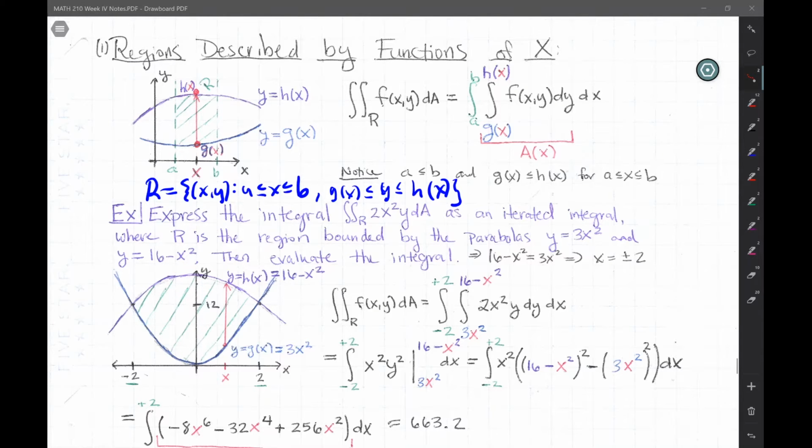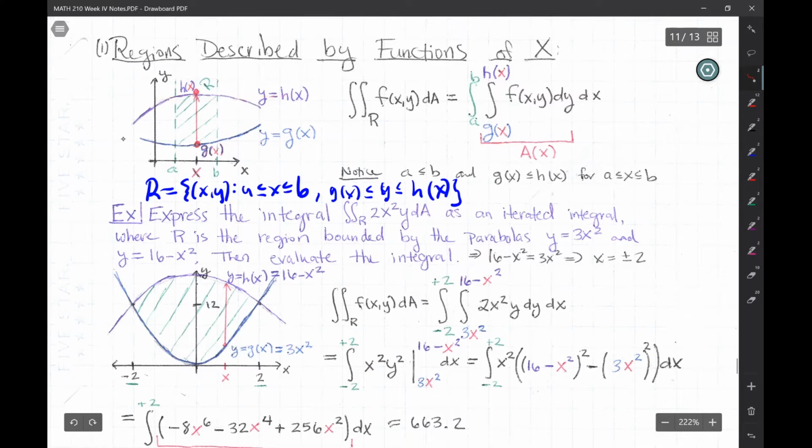Something to note here before we move on to an example is to look at this purple and blue curve there, the functions h of x and g of x. They really are functions in that they pass the vertical line test, okay? So along this purple curve, if you draw a vertical line, it'll only touch in one place. On the other hand, they fail the horizontal line test.